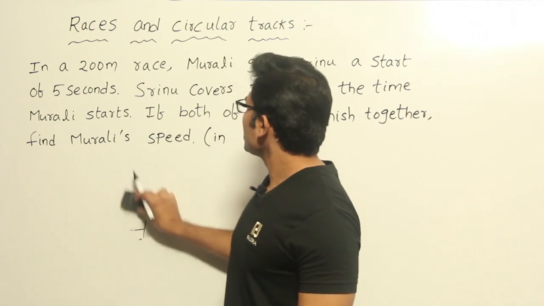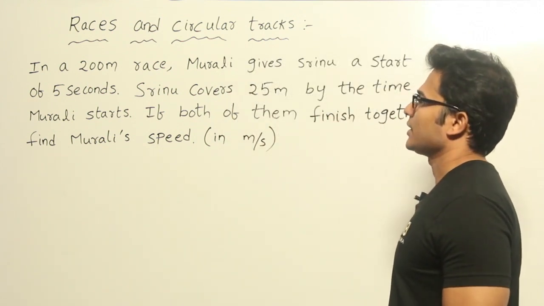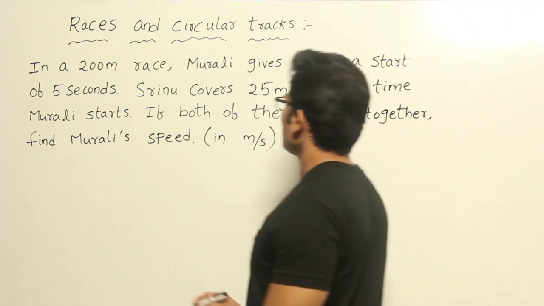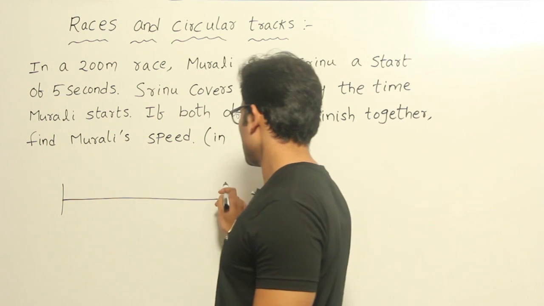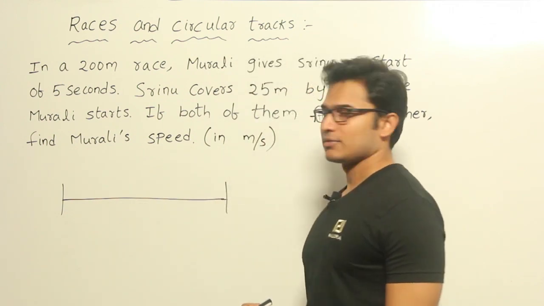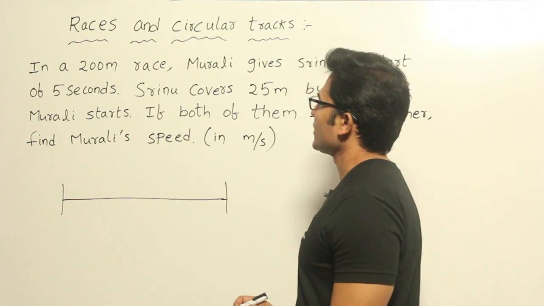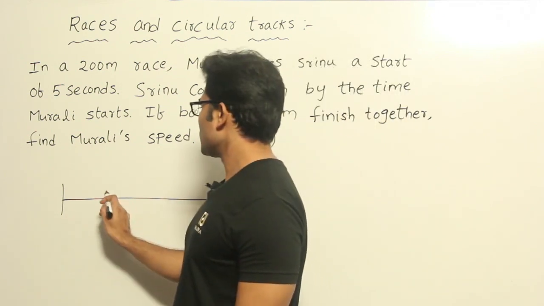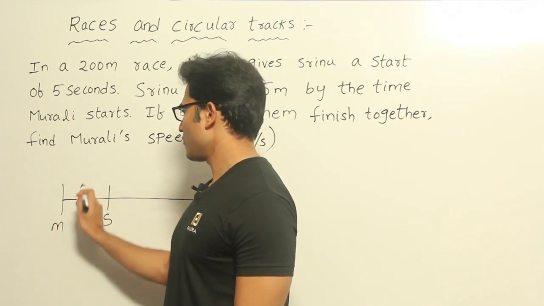In a 200-meter race, Murali gives Srinu a start of 5 seconds. So they are saying that two people are running, Murali and Srinu, and the total race is 200 meters. Murali gives Srinu a start of 5 seconds, which means Srinu has already started before Murali by 5 seconds.